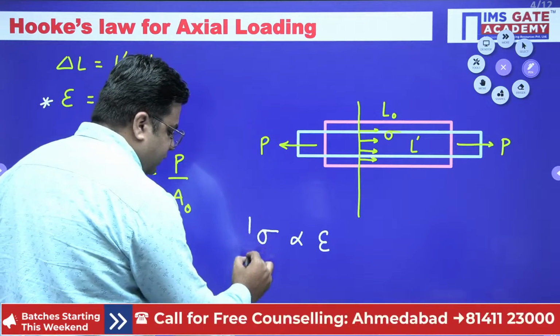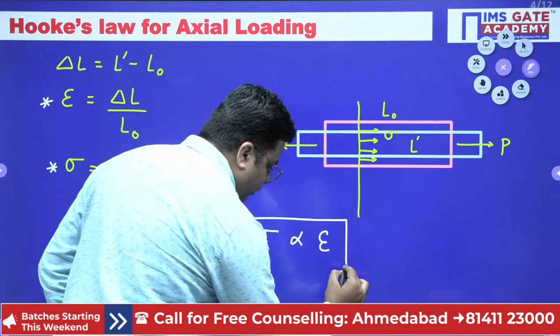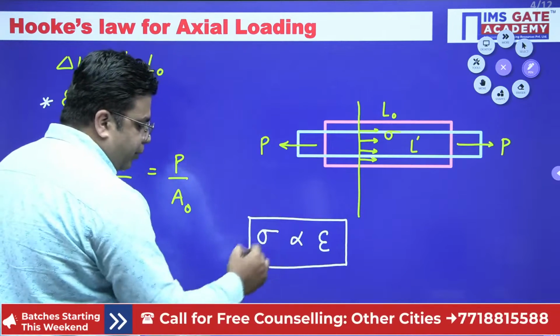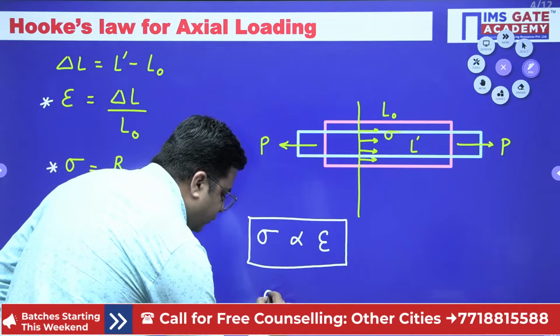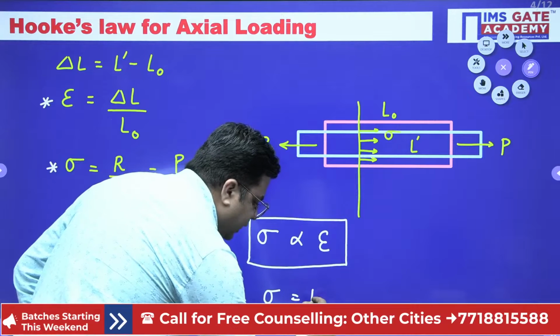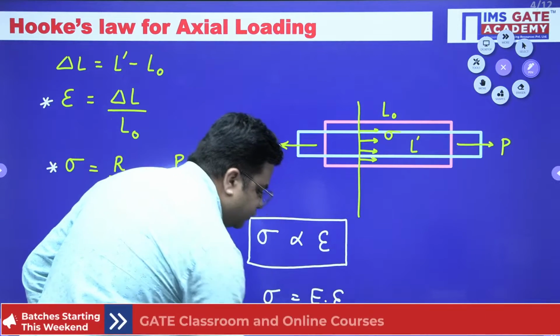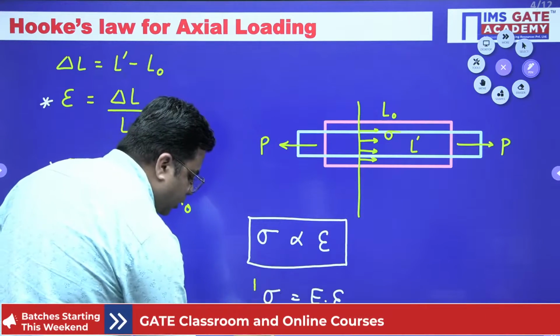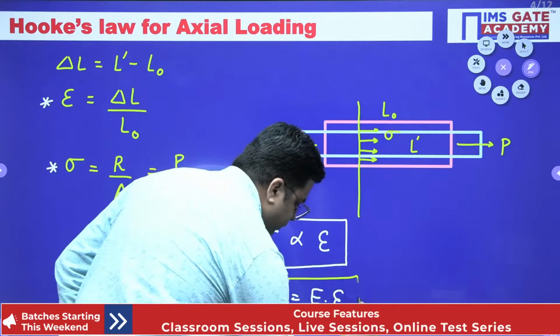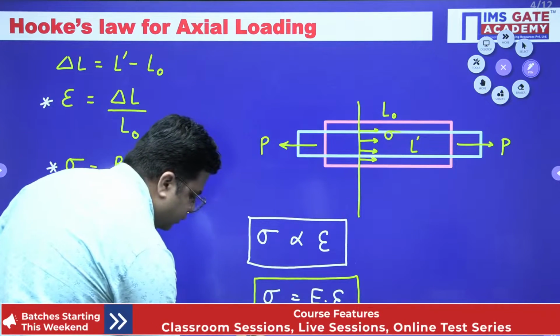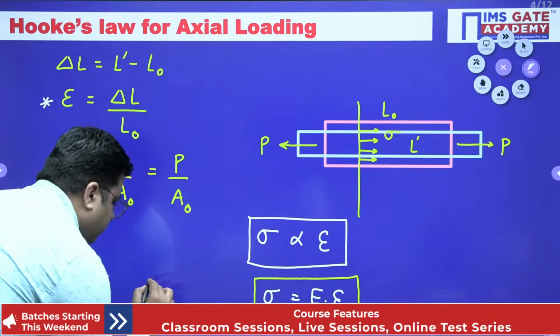Stress is directly proportional to strain. Removing this proportionality sign, you have stress equal to E into strain. This is my Hooke's law for axial loading.